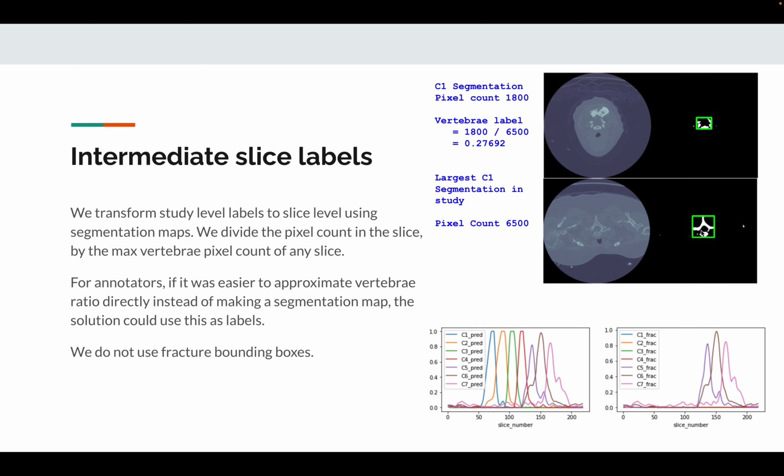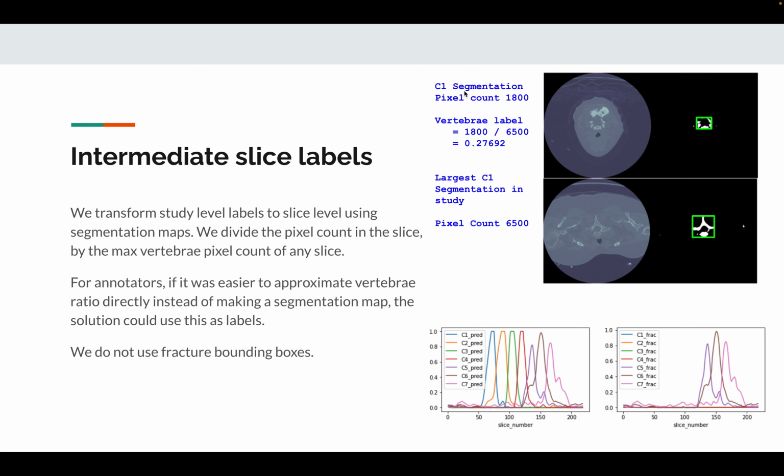If this is the slice with the largest amount of pixels segmented for the C1 vertebrae, that would be our anchoring max pixel count for C1, and we say that 6,500 pixels is segmented for that. So the max C1 segmentation size we have is 6,500 pixels.